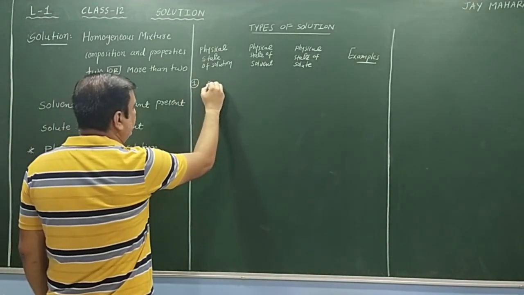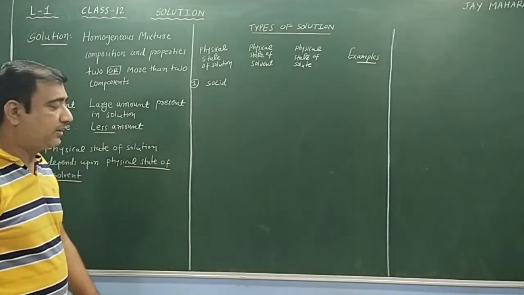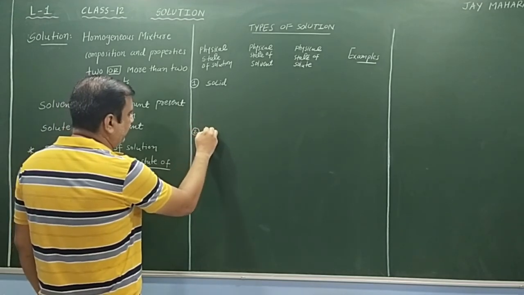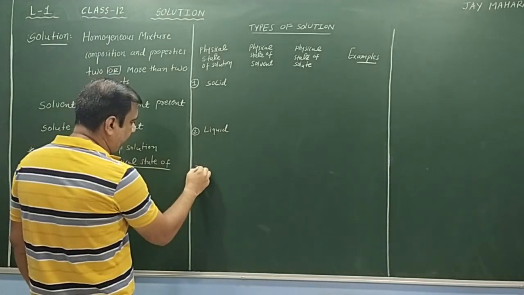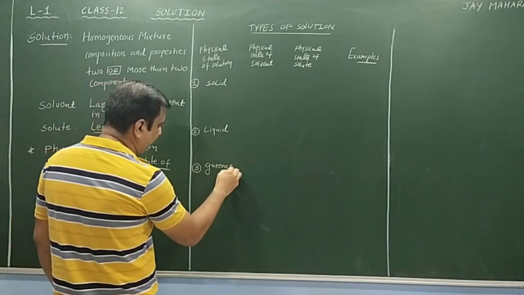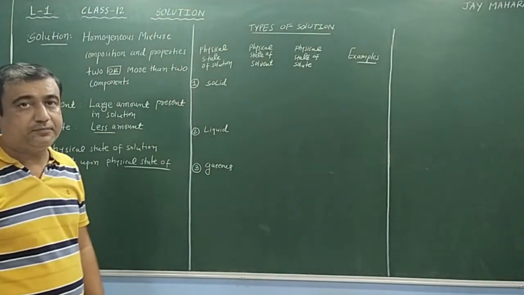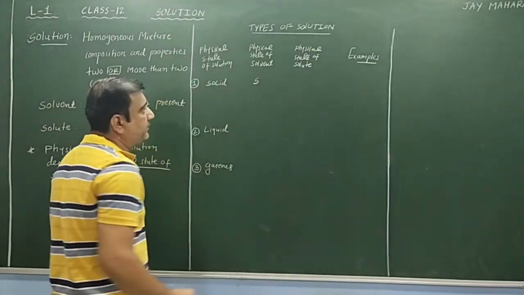First is solid solution. Second one is liquid solution, and the third one is gaseous solution. In a solid solution, the physical state of solvent is solid.